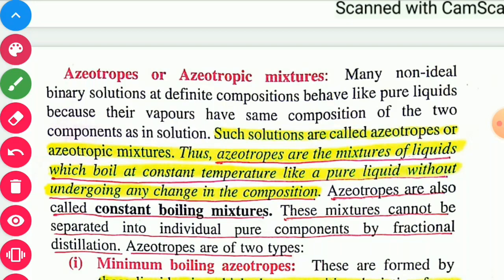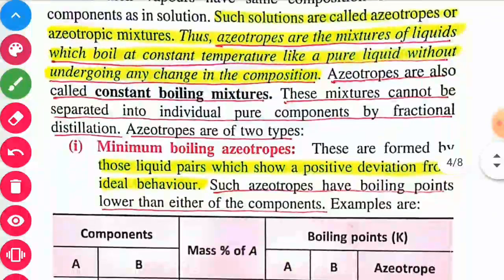Now azeotropes are of two types. Minimum boiling azeotrope. Such binary solutions that show positive deviation from ideal behavior are known as minimum boiling azeotropes.